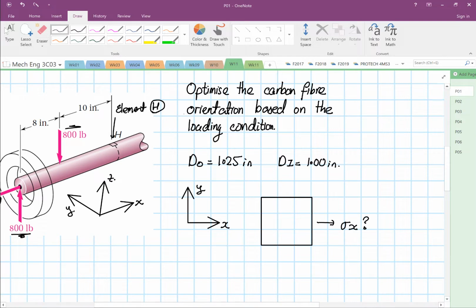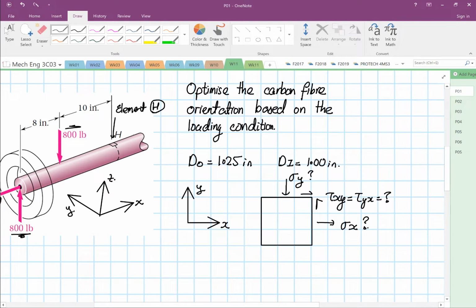We don't know. What our stress is in the Y direction. We also don't know. And we want to find what's our shear XY, which is equal to the shear YX. And we also have not a clue what it is.